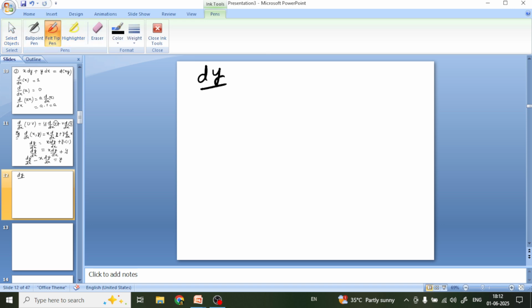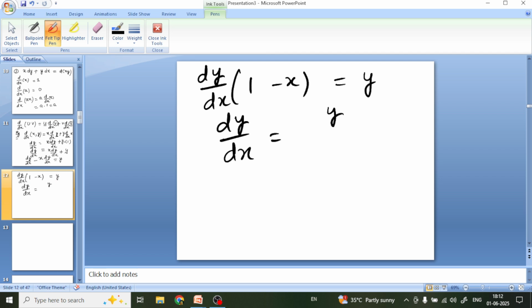Dy over dx common, and 1 minus x is equal to y, and dy over dx is equal to y over 1 minus x. This is your final answer.